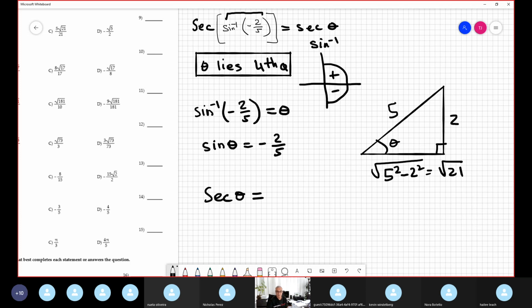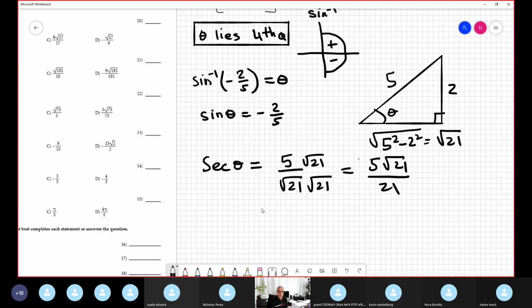Entonces 5 divided by radical 21, no? Leave it like that, or rationalize, but this is extra algebra. And now this is the crucial moment. What is the sign of the final answer? Would it be positive or negative?